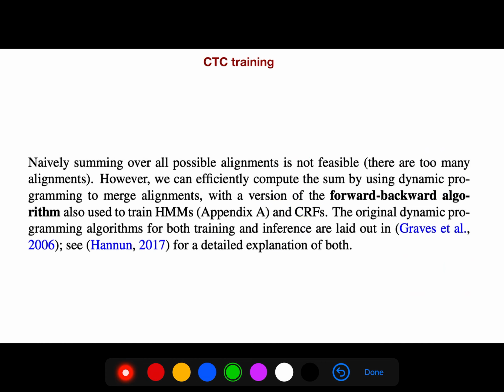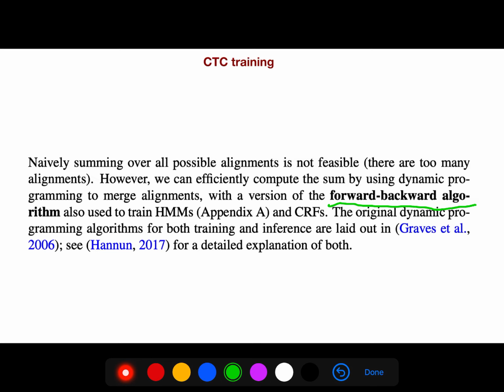Naively summing over all possible alignments is not feasible. However, we can efficiently compute the sum. Whenever we have a problem in computer science of summing things like this, dynamic programming could be a good choice. Most of the time, you see dynamic programming, such as the forward-backward algorithm in HMM and CRF, works.